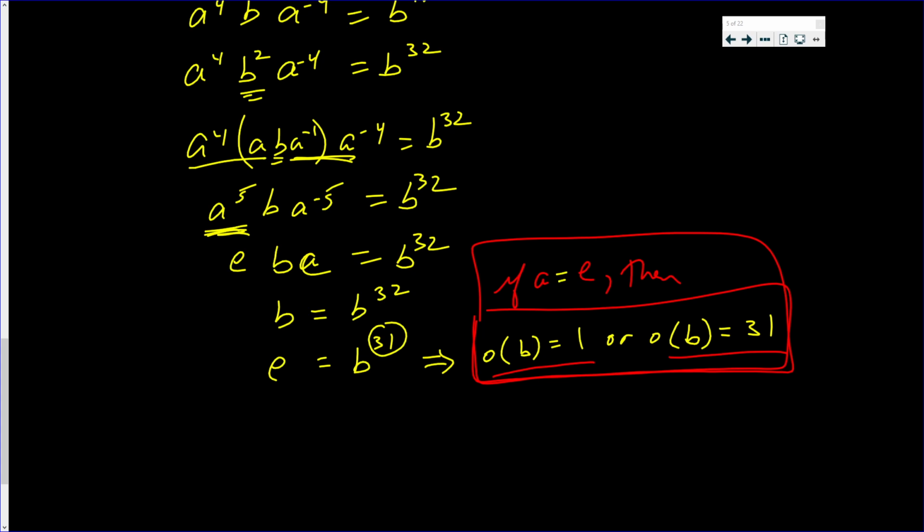If they tell us that a does equal e, then the order of b is 1. That was the first case. If it turns out that a is different from e, then the order of b is 1 or it's 31. We don't know. And that completes this proof.